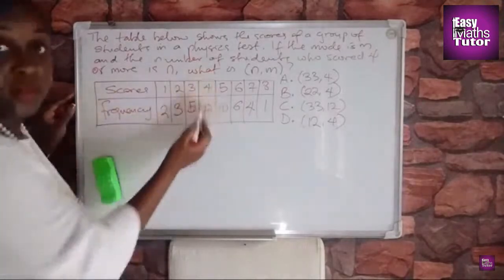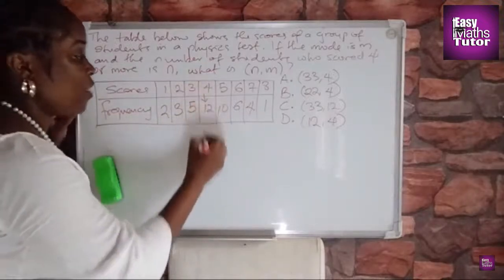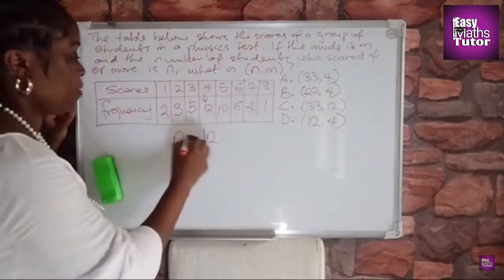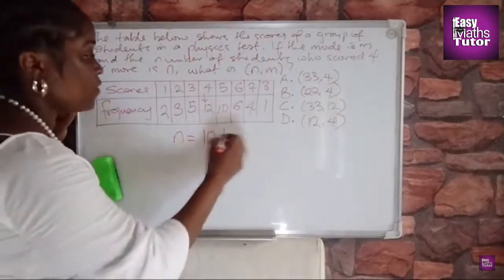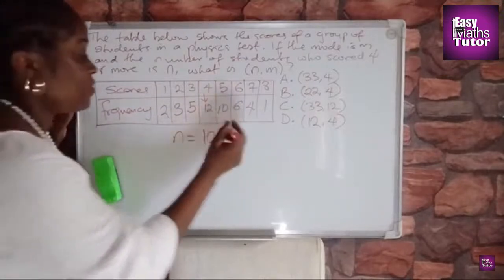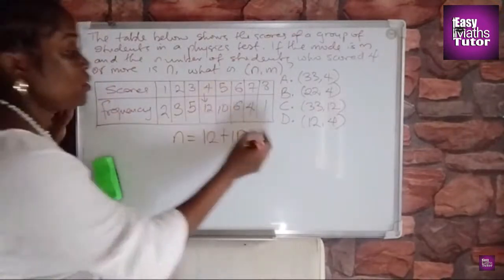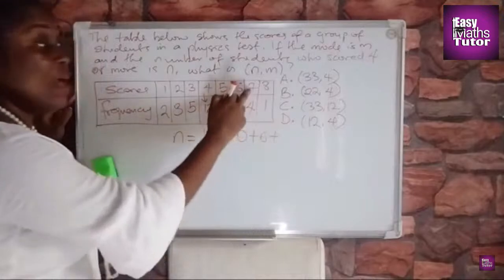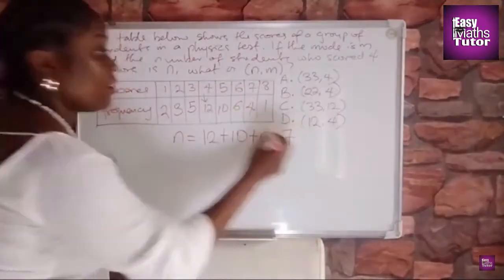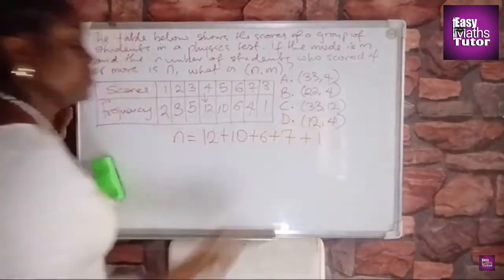The number of students that scored 4 is 12, right? We're looking for N. 12, plus we have 10 students that scored 5, and we have 6 students that scored 6. Then we have 4 students that scored 7. We also have 1 student that scored 8.